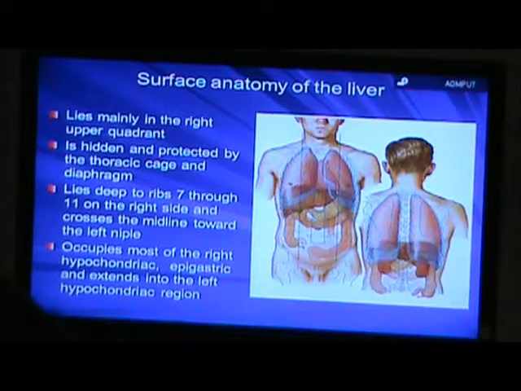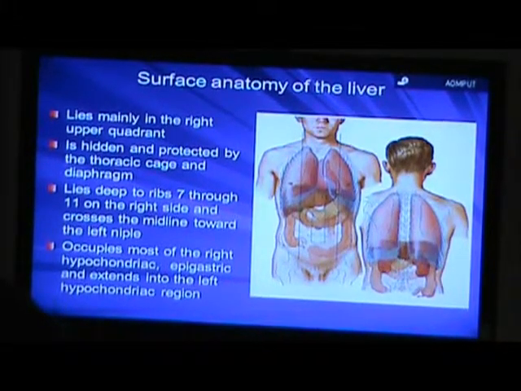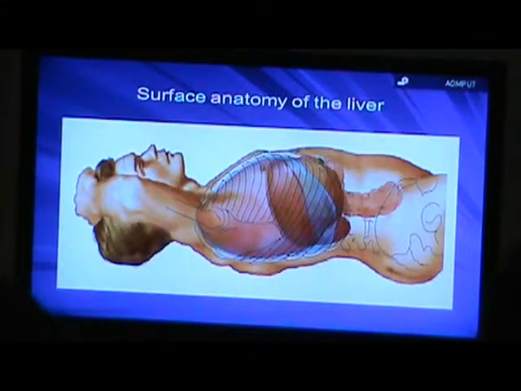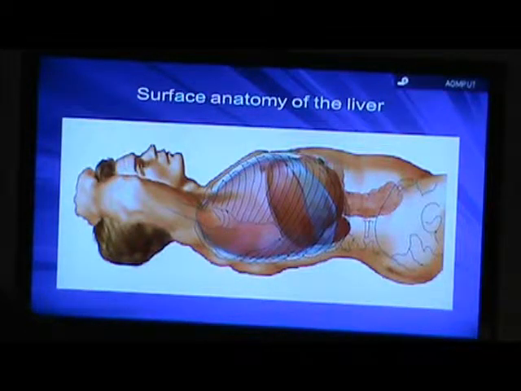So 3 regions occupy a liver. Look, here we can see the inferior border, which is normal when the organ is in normal size. It's difficult to palpate because it's hidden, it's protected by the costal arch.